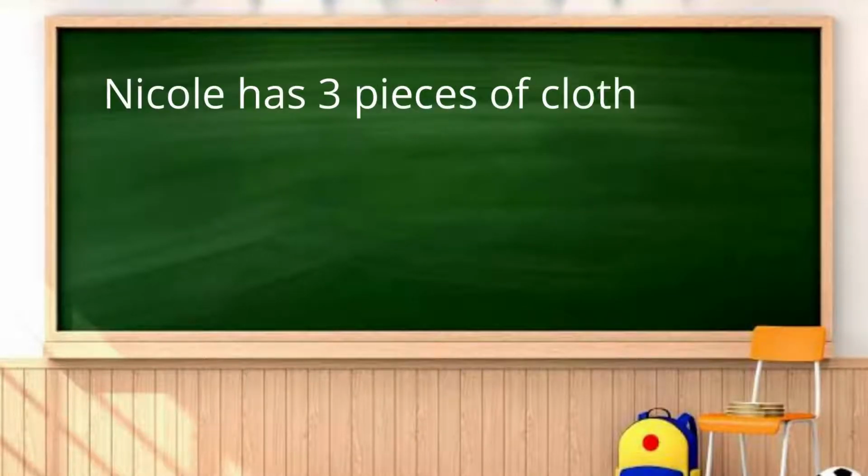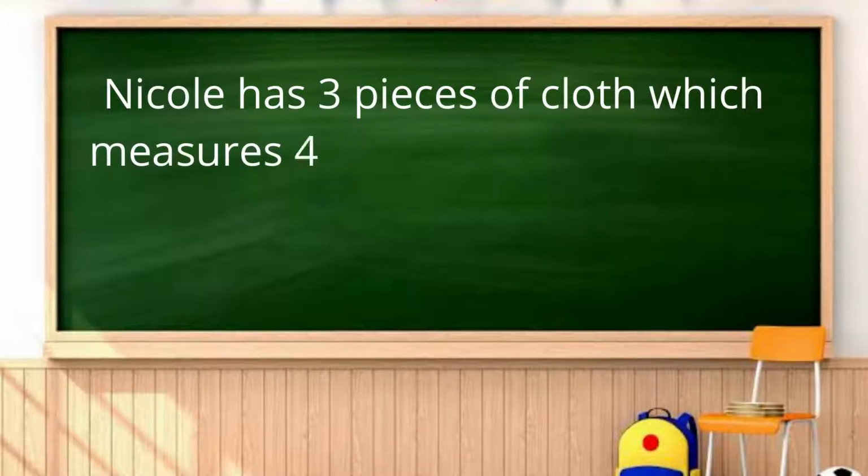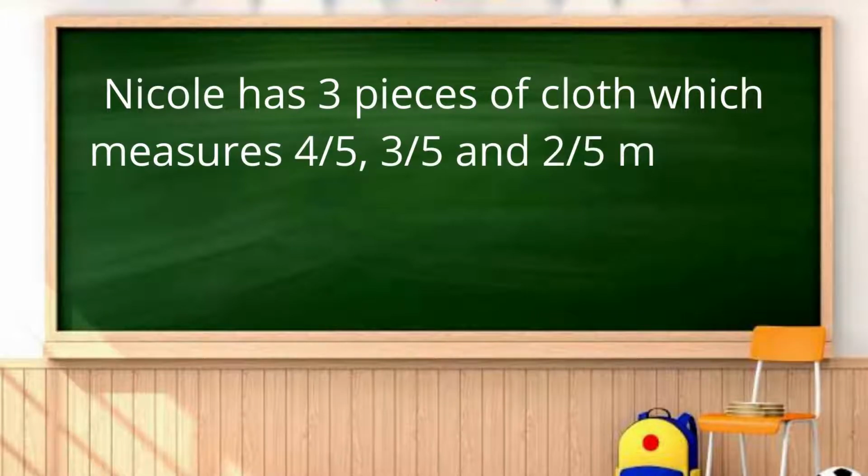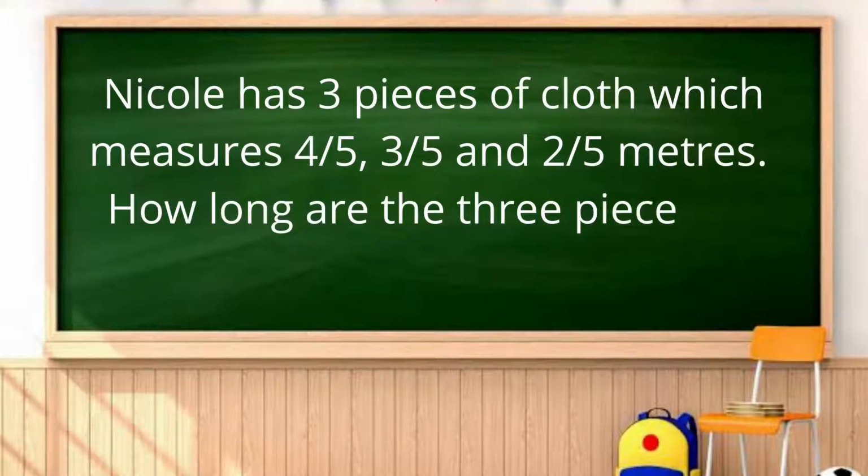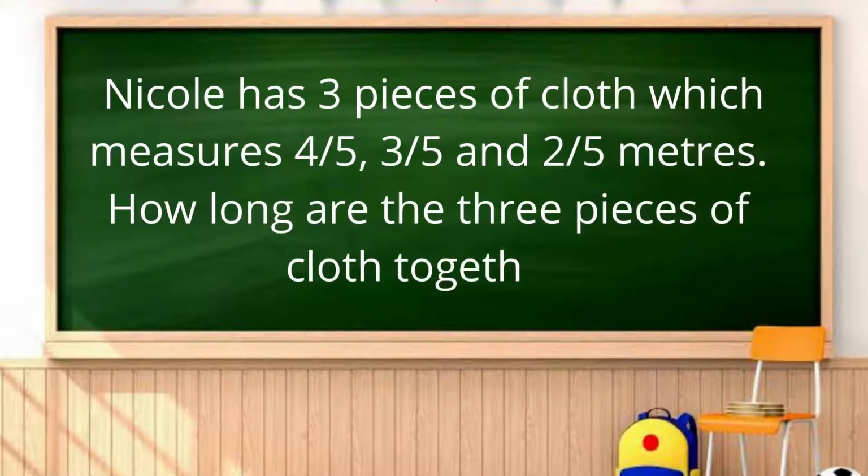Let us now try to solve this word problem. Are you ready? Everybody, let us read the problem. Nicole has 3 pieces of cloth which measure 4/5, 3/5, and 2/5 meters. How long are the 3 pieces of cloth together?